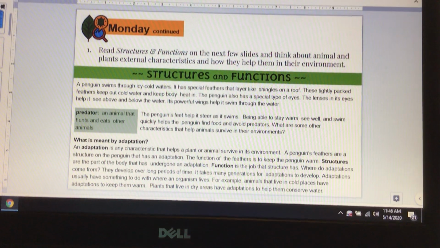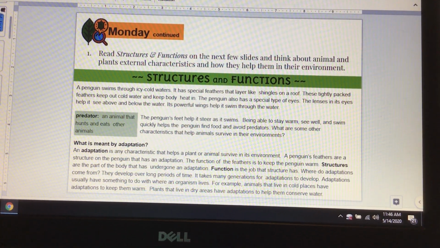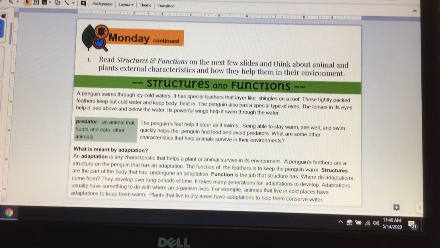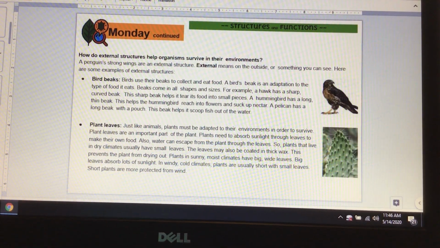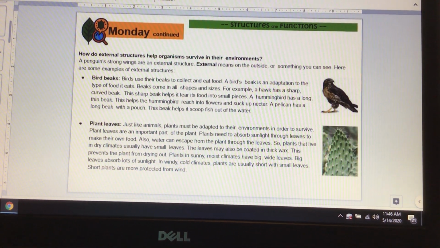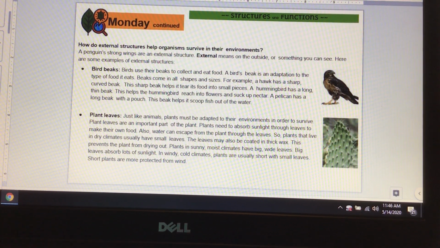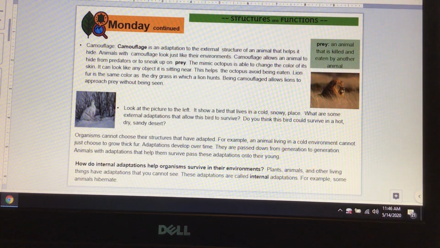So you're going to be reading something called Structures and Functions, starting off about reading about predators, what adaptations are, what structures are, and what functions are, and looking at how things on the outside of organisms help them to survive, like the beaks on a bird or the leaves on a plant. Ooh, think about a cactus and how that survives.